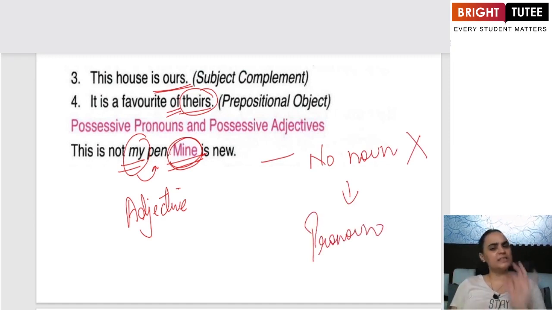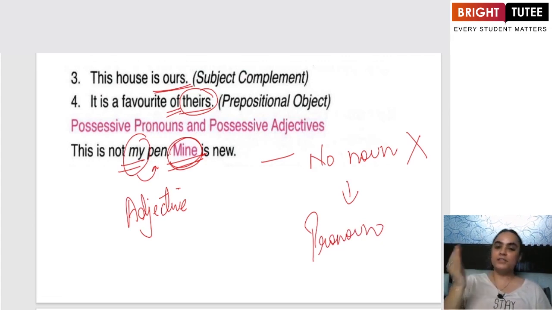We know very simple logic, dear students. Pronoun is used in place of a noun. So, if we are using a pronoun in place of a noun, that automatically means that there is going to be no noun in the sentence. Right? So, no noun in the sentence means that the word is pronoun in nature.